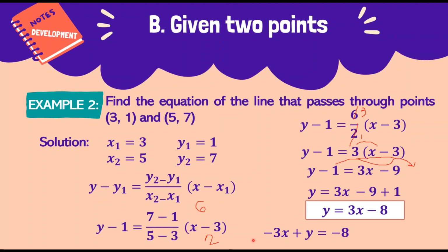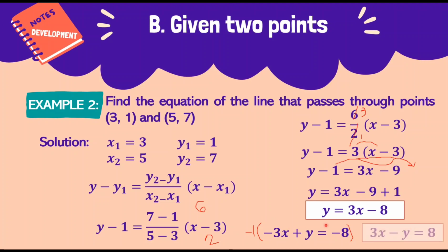So what have you observed on the first term of our equation? Okay, correct. So meron ulit tayong negative sign. So syempre, we need to multiply both sides of the equation by, very good, we have negative 1. So let us multiply. We have negative 1 times negative 3x.